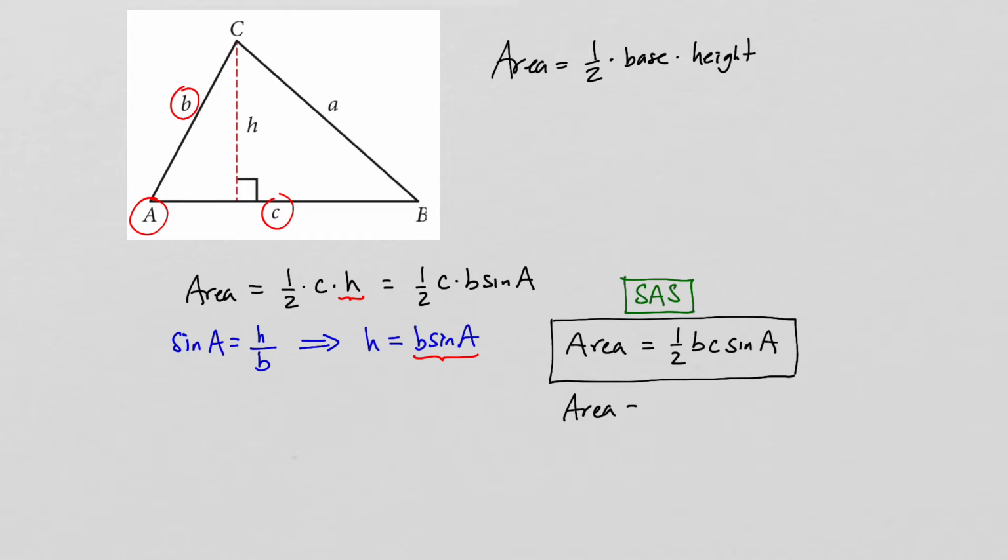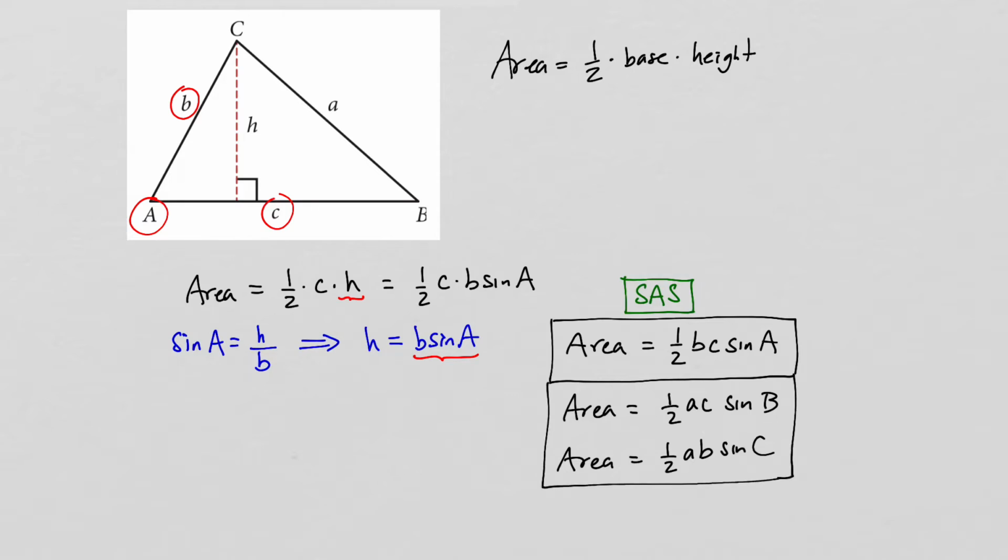And so we would have area equals 1/2 times A times C times the sine of B, or area is equal to 1/2 times A times B times the sine of C. All of these formulas are the same, right? They are all formulas that allow you to find the area of a triangle if you know two sides and the included angle. So let's go ahead and take a look at an example.